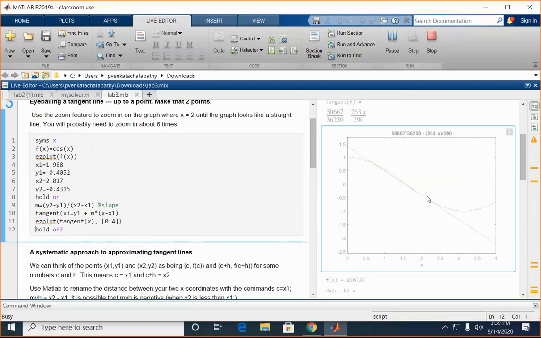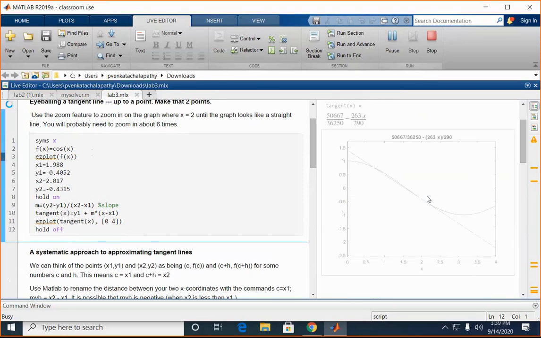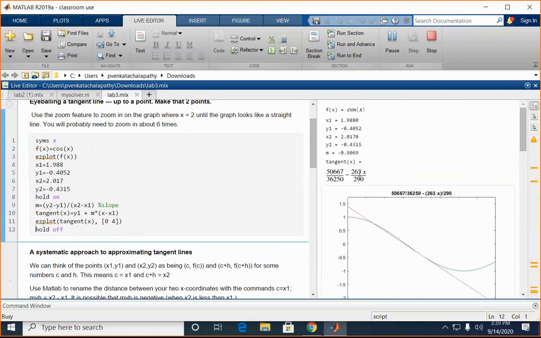Let me run it. Okay. So you have your tangent value here.